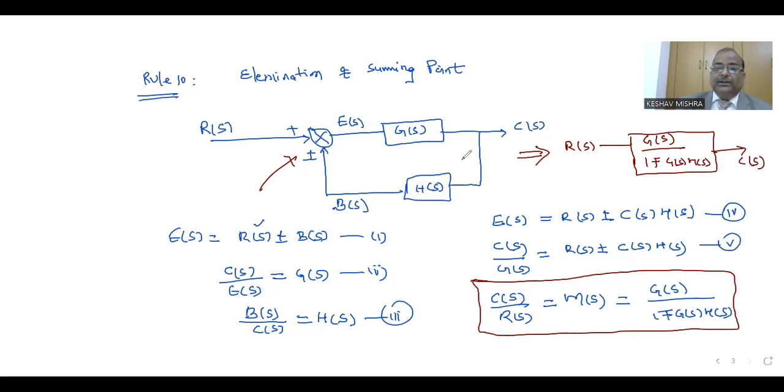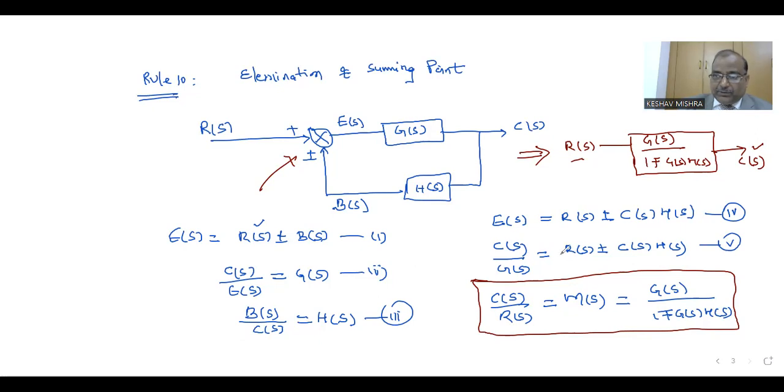So in this way, this closed loop control system can be replaced by a simple open loop system with input R(s), output C(s) and transfer function G(s) upon 1 minus G(s) H(s). In this way, we can eliminate the summing point.